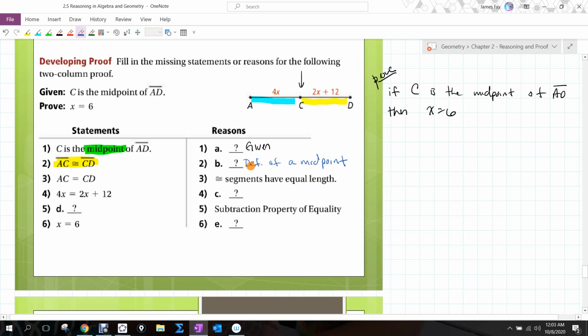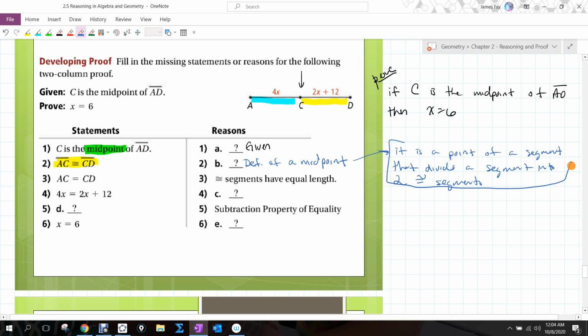Okay? Now when I provide a reason that says definition of midpoint, that's a shorthand way of saying that it is a point of a segment that divides a segment into two congruent segments.